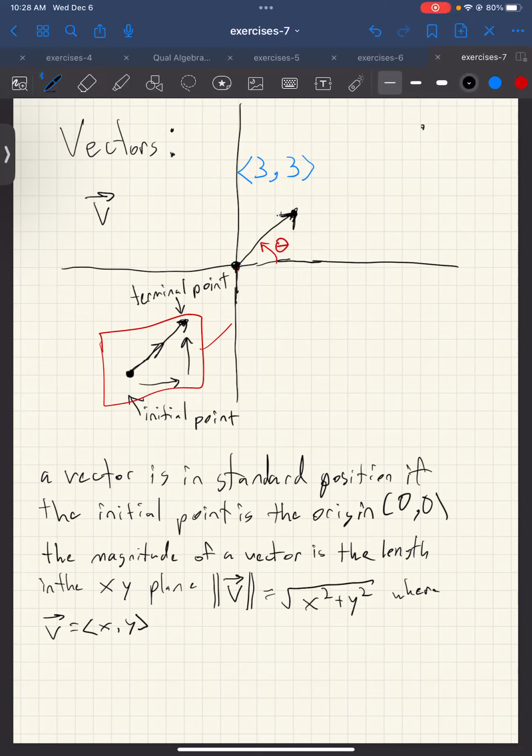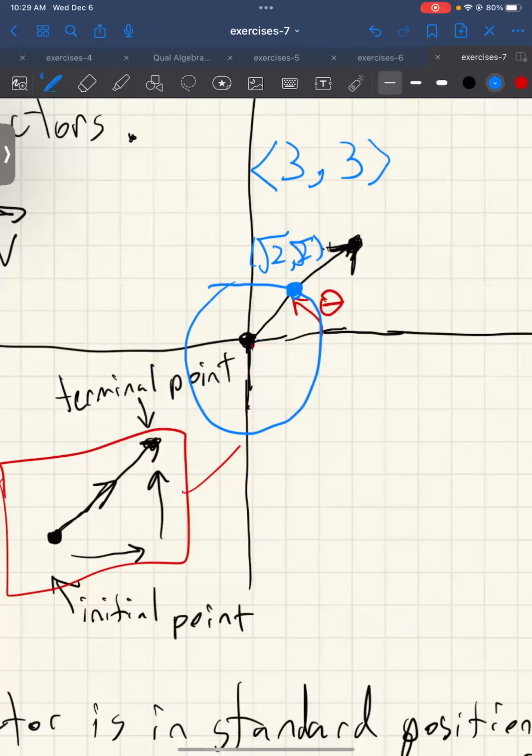Now, if this was a coordinate on the unit circle, so let's draw our unit circle here. If this point was root 2 comma root 2, do we know what angle corresponds to this x and y value?